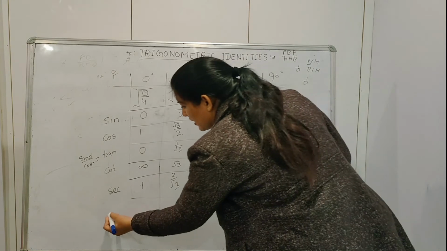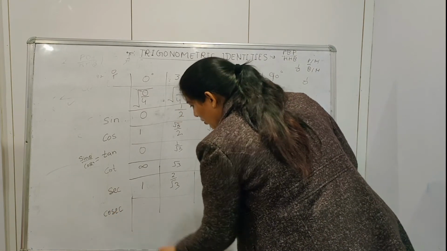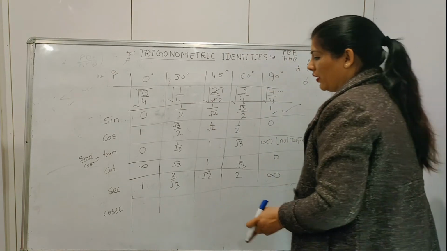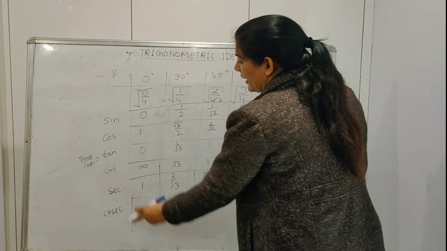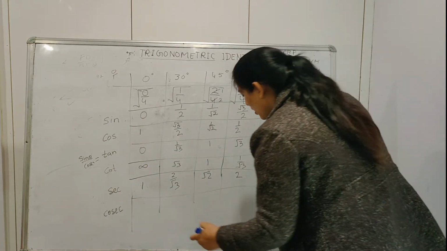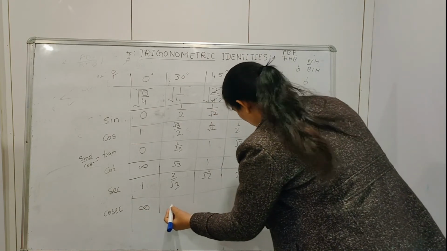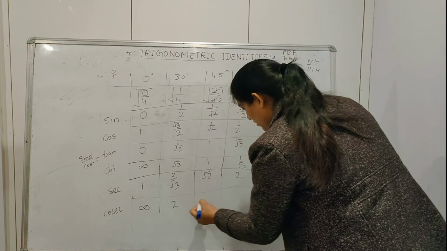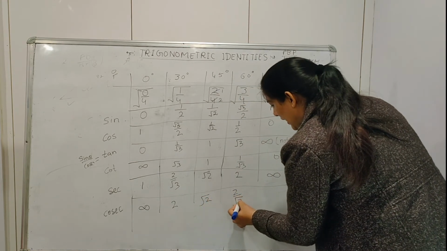And the last is cosec. So again the value of cosec will be found in the same manner as cos and cot. So you have to write this from right to left: 2, root 2, 2 upon root 3 and 1.